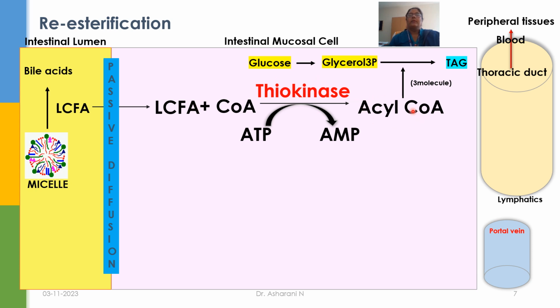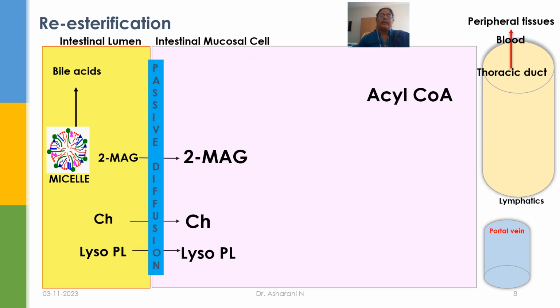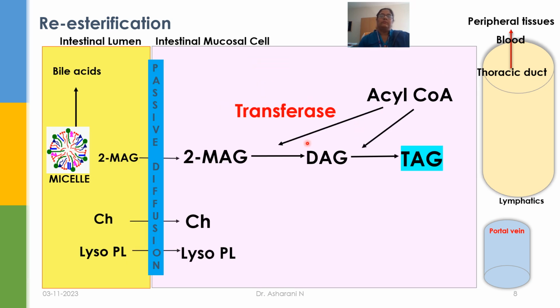This acyl-CoA now can, three molecules of it, esterify with glycerol to form triacylglycerol, or it can esterify with 2-MAG, where it is transferred onto 2-MAG to form diacylglycerol.